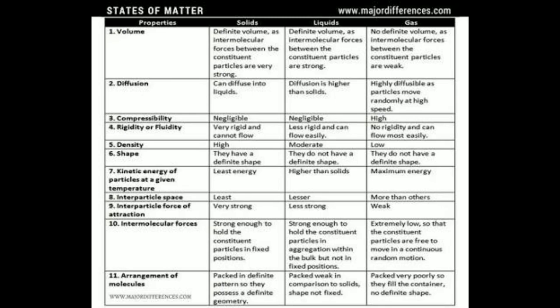Fifth property is density. Density of solids is high, liquids have moderate density, and gases have low density. Shape of solids is definite, shape of liquids is the container's shape, and gases also do not have a fixed shape.